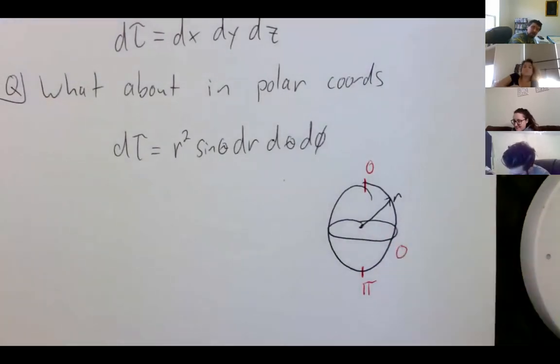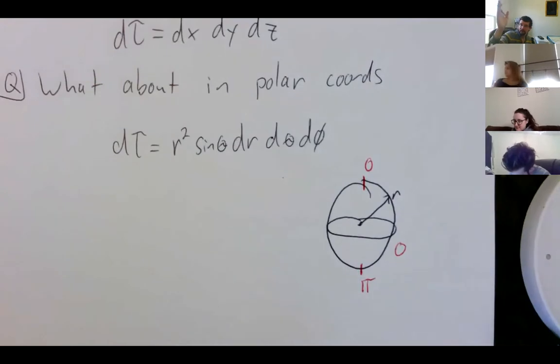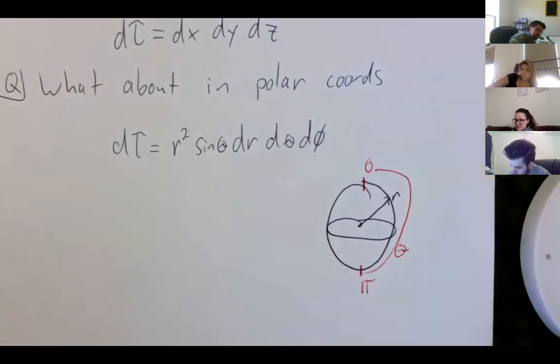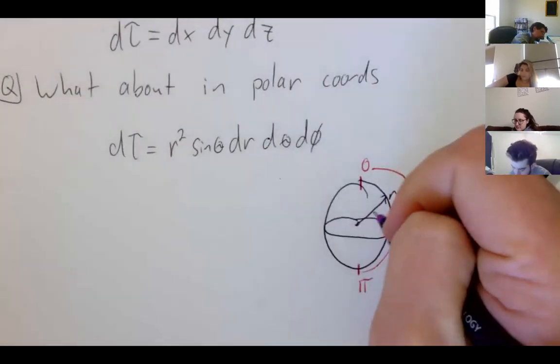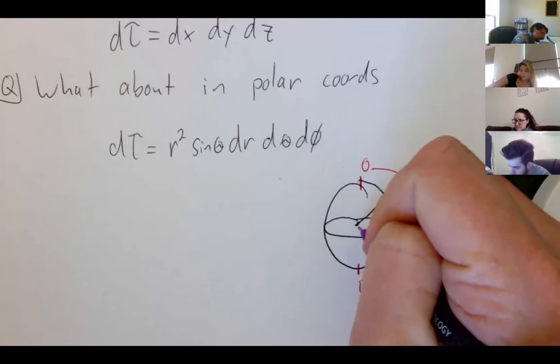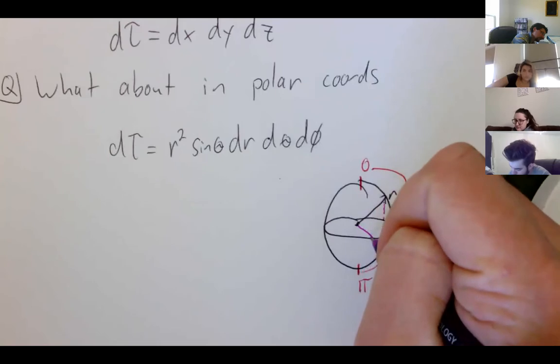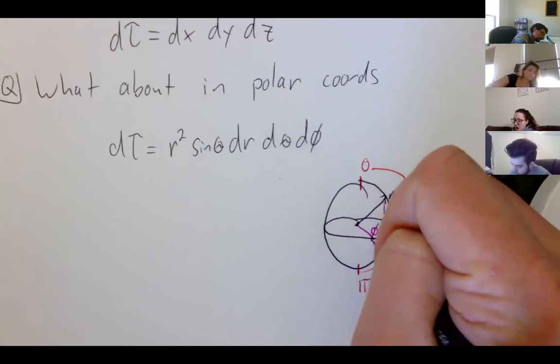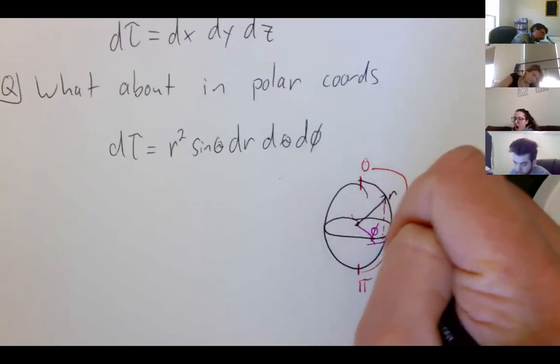So we have r, theta, phi. Along that way, that's theta, and then phi is going along this way, all the way around.